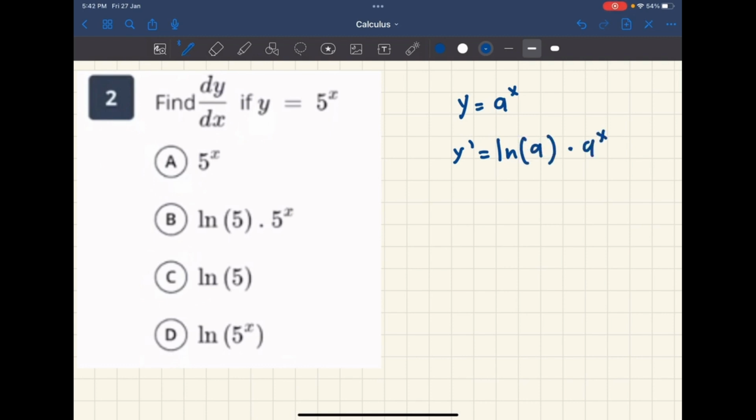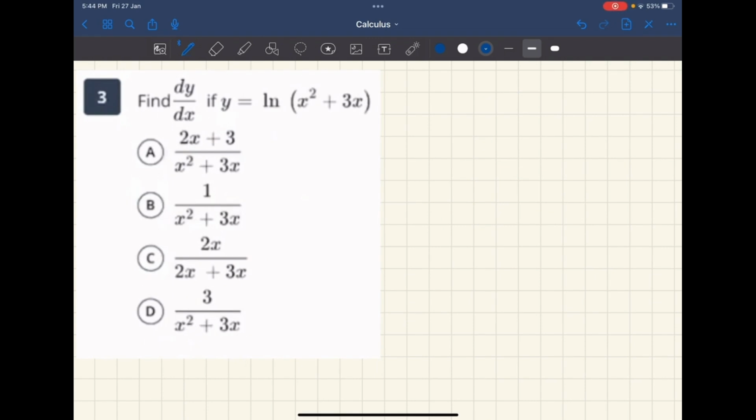So to find the derivative of this function right here, y prime, we'd follow the formula, which is ln 5 multiplied by 5 to the power of x. So the answer would be B.